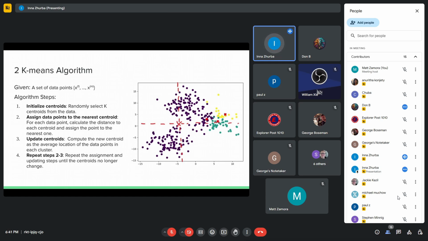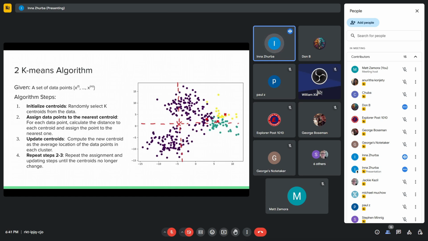In this step of k-means, the algorithm assigns each training example to the nearest centroid based on the current centroid position. It calculates the distance from the data points to each centroid and selects the centroid with the smallest distance.